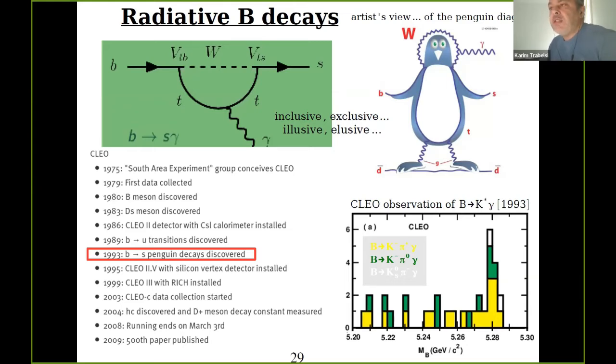And this decay was observed for the first time in the 90s by the CLEO experiment. So you remember, the kind of ancestor of the B factory, with a symmetric e+ e- collider.